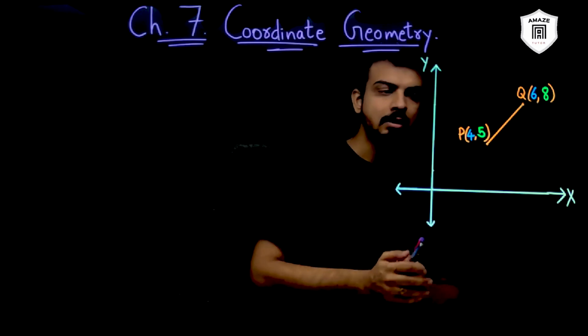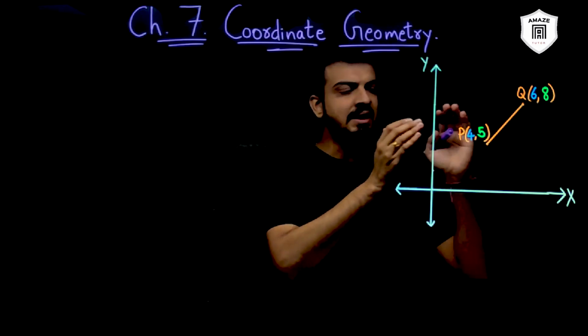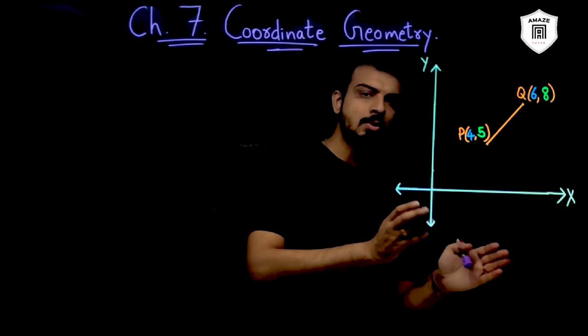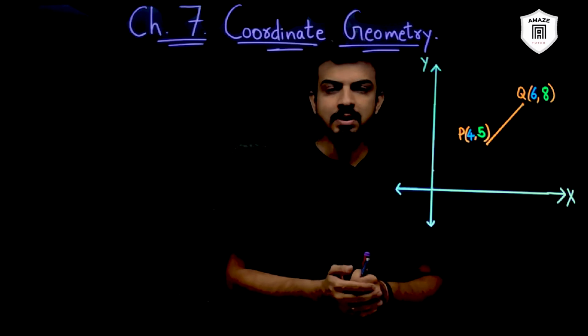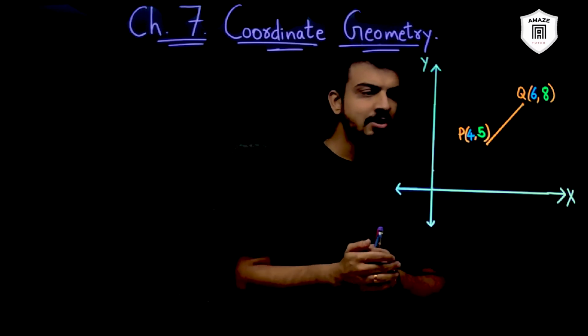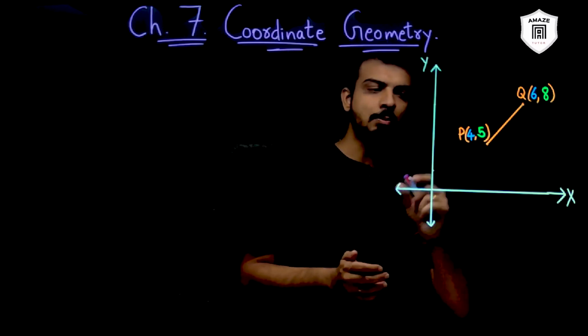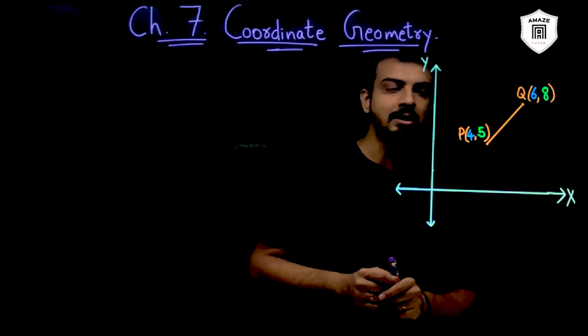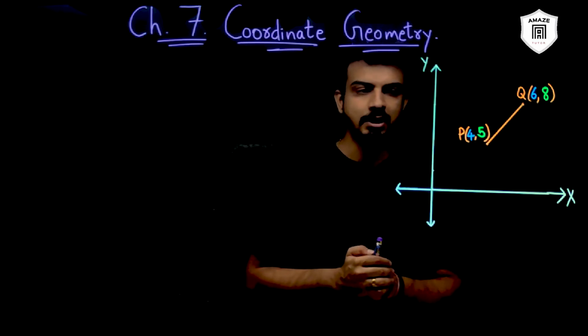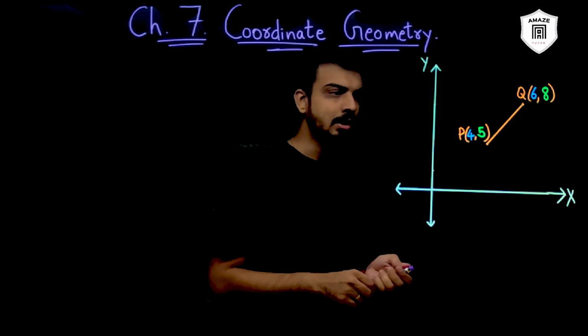So basically, if there is any coordinate mentioned to you, let's say any point x, y and the other point x, y, how to find out the distance between them, right? So let us see first taking these values. Let's say if I have a point 4, 5 and 6, 8, what is the distance between these 2 points? How to figure it out algebraically? Okay, let's see.